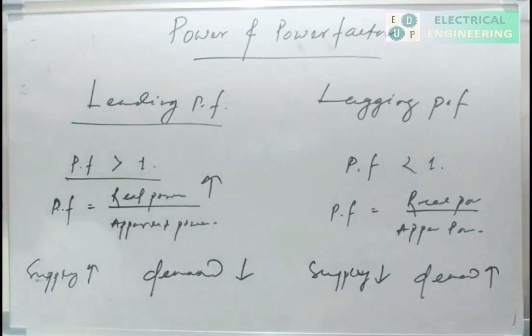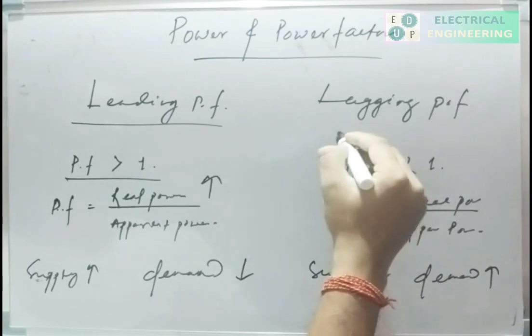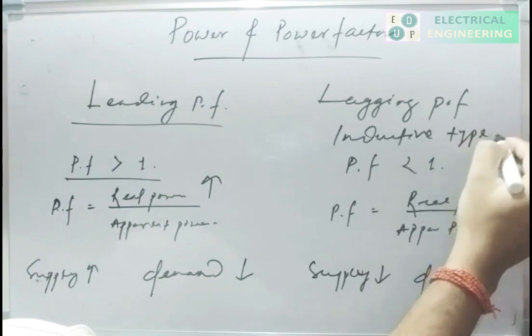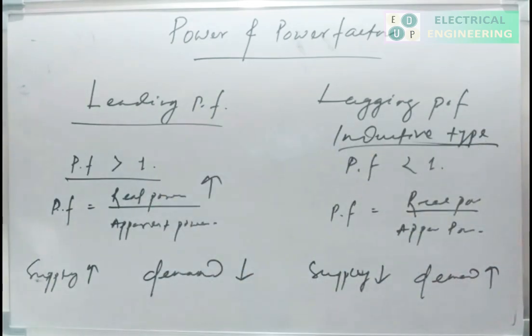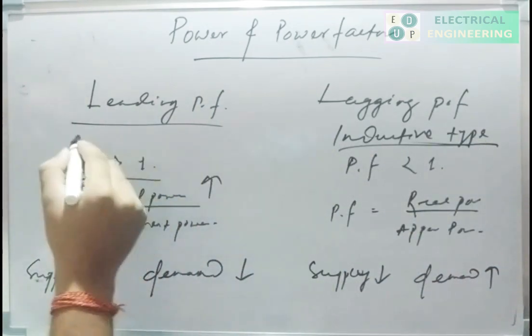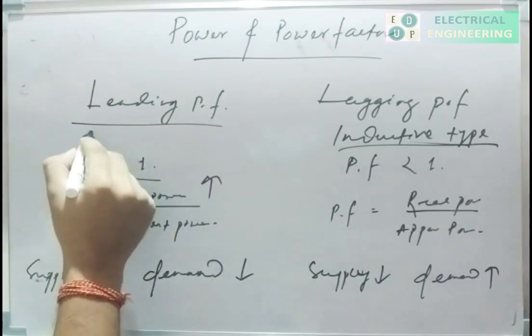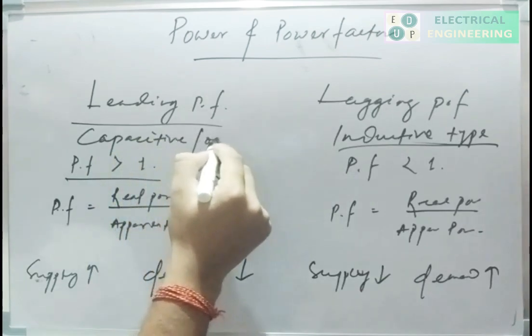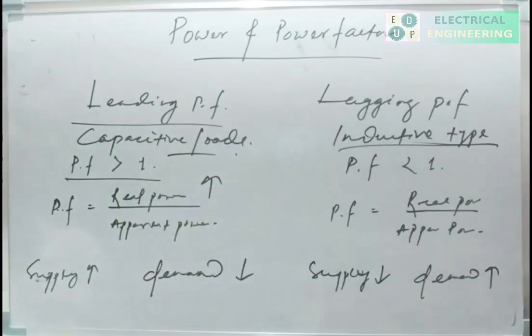Mostly in our domestic appliances, the load is of inductive type, and that's why we always get a lagging power factor or negative power factor. And a leading power factor takes place where there are capacitive loads. So this is all about power and power factor.